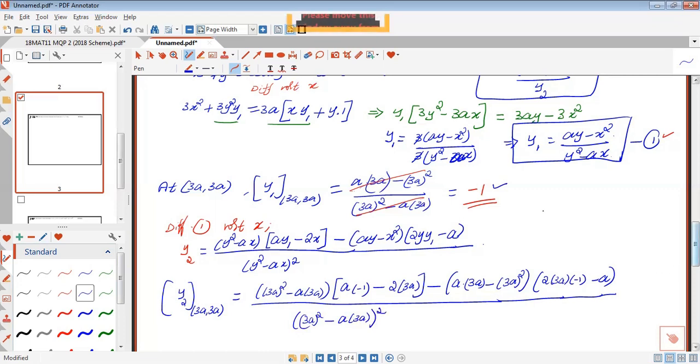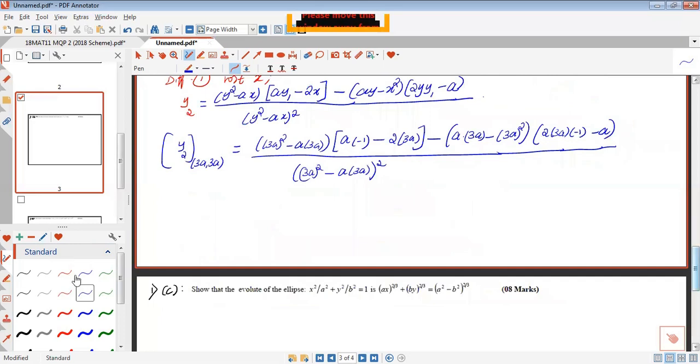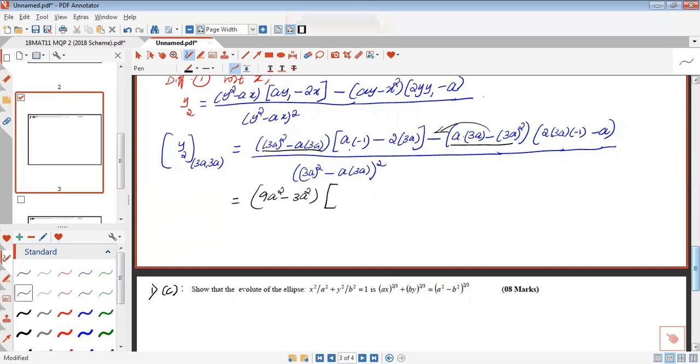Now on simplification, you can take 9a square minus 3a square outside from these two terms. The negative sign we will take out, so you will get 9a square minus 3a square, that's common. And minus a minus 6a, that is minus 7a we will get.